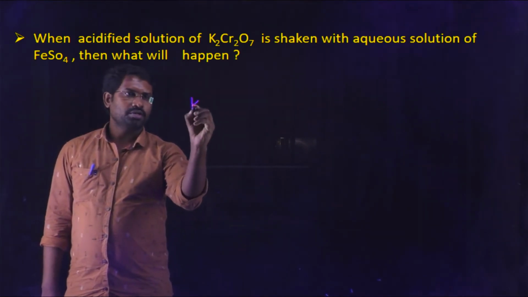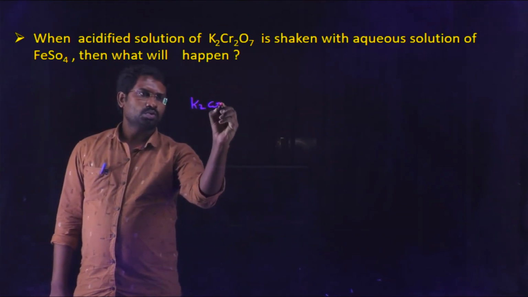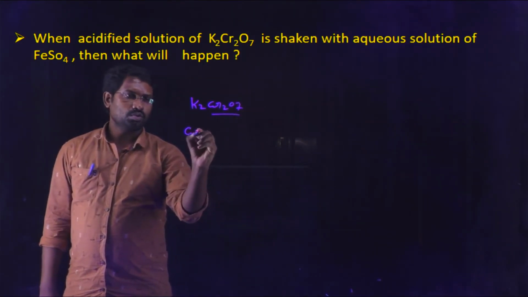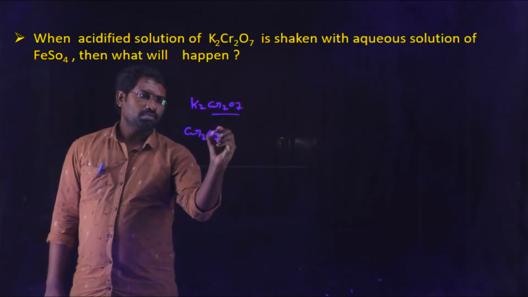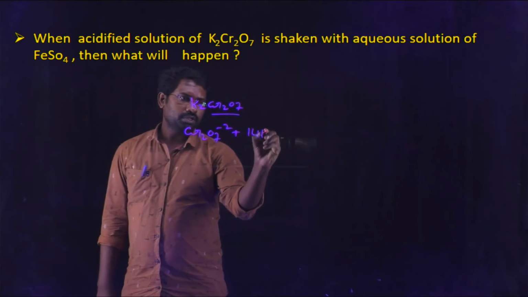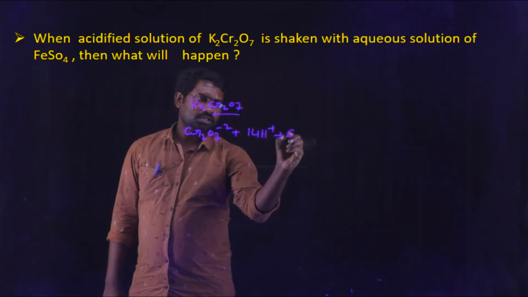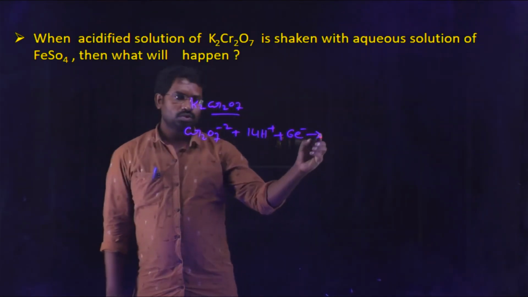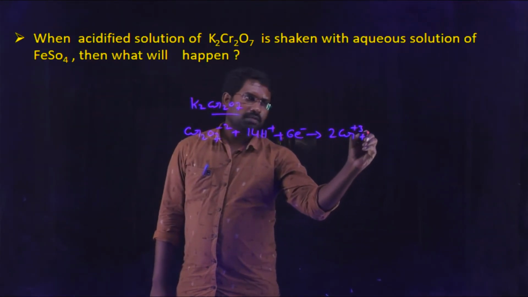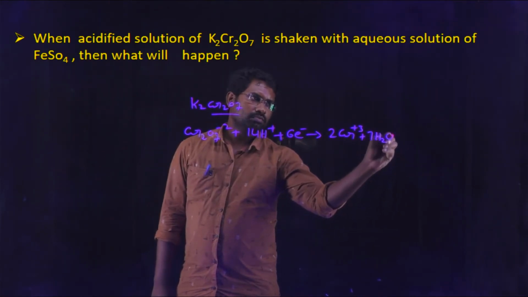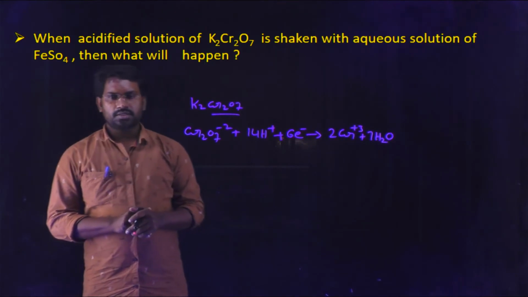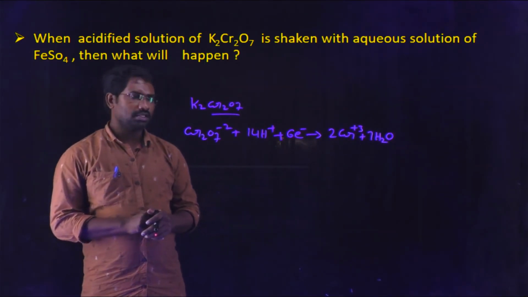Potassium dichromate, K2Cr2O7. The dichromate ion is Cr2O7 2-. In acidic medium, with 14H+ and 6 electrons, it gives 2Cr3+ and 7H2O. So potassium dichromate can act as a best oxidizing agent in acidic medium.